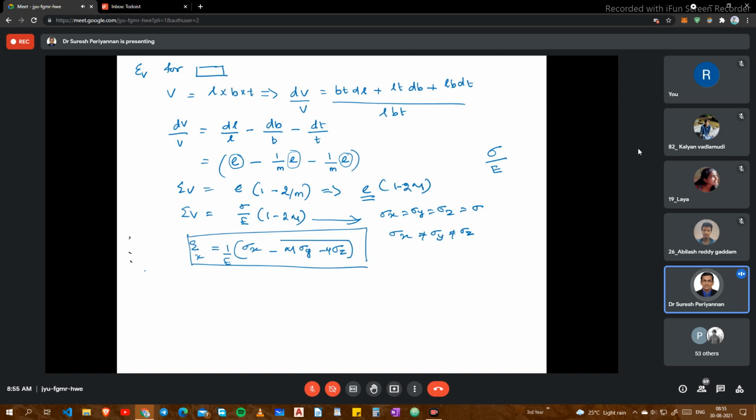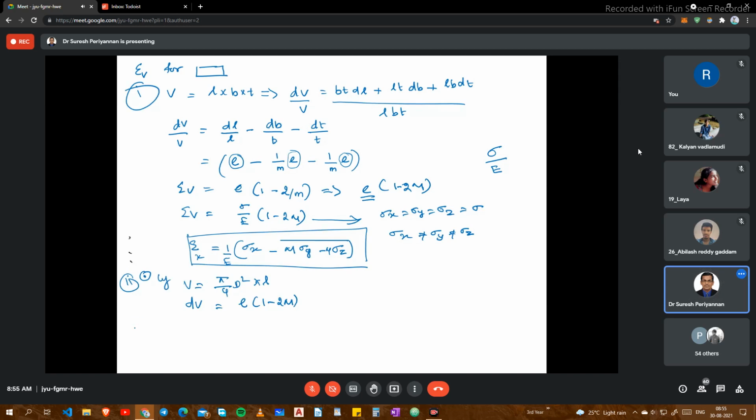Now similarly, I take a circular cross section, the volumetric strain for a circular cross section. Apply the same concept. This is the second case. This is the first. Now volume is pi by 4 d squared into L. Finally, you are going to get dV is equal to, similarly, E into 1 minus 2 mu. Similarly, the volumetric strain for a sphere. This is for a cylinder.